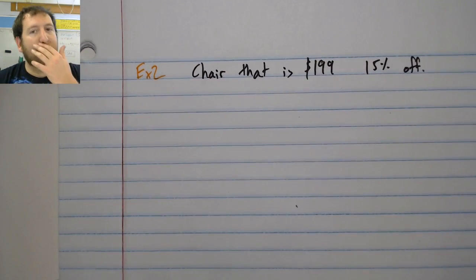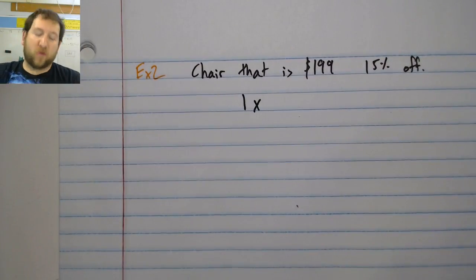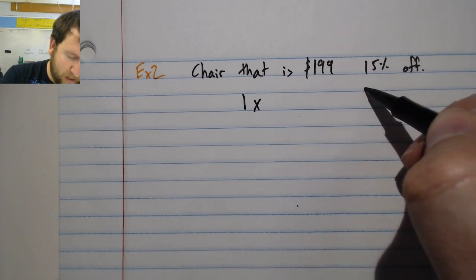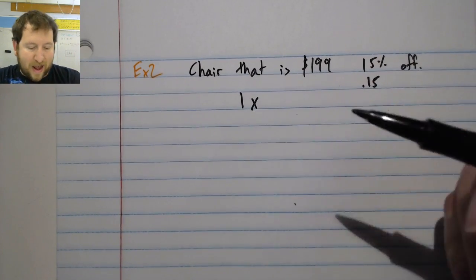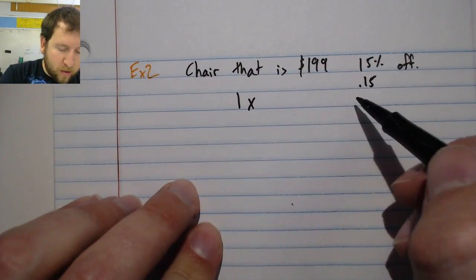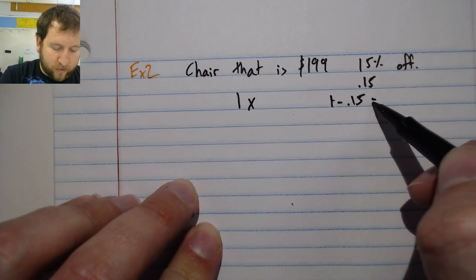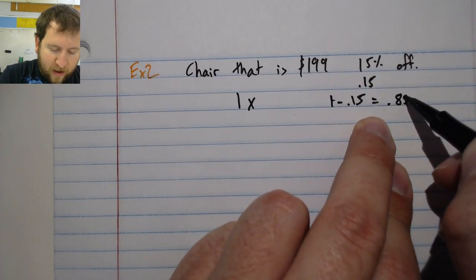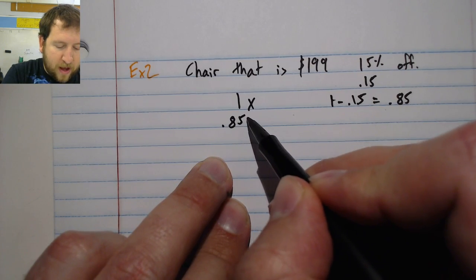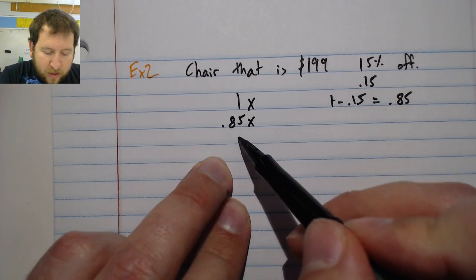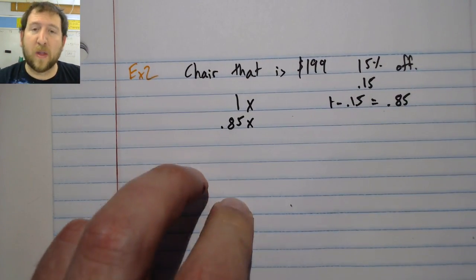Okay, so if I think of the whole price of the chair as 1x, and I subtract this as a decimal, the total price now is 1 minus 0.15 of the total price. This is equal to 0.85. So I can simply write this whole thing as 0.85x, because I'm really paying 85% of the total price, because 15% of the price I'm not paying.